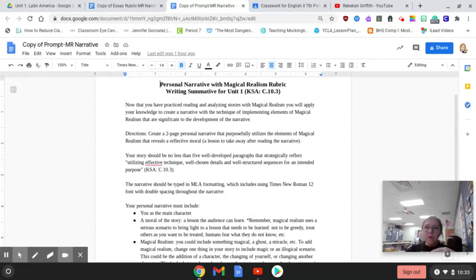And again, use that PowerPoint that we reviewed at the beginning of this unit, I think in week 5, if you are confused about what magical realism elements are. But again, the easiest elements that you could include are something magical, something illogical, something superstitious, or something supernatural. And think about what we've read.